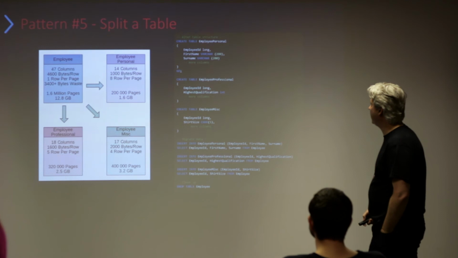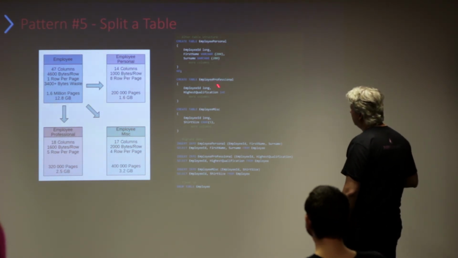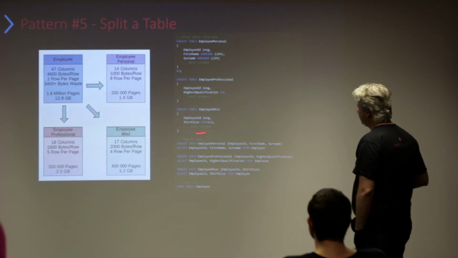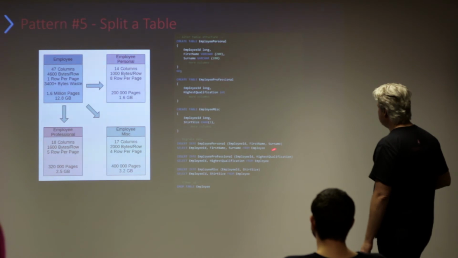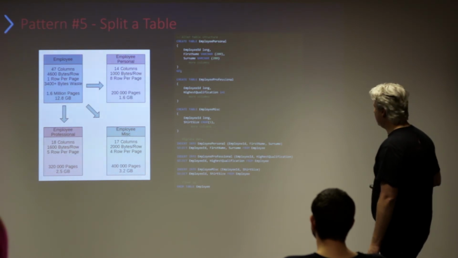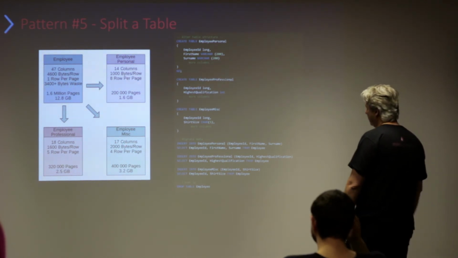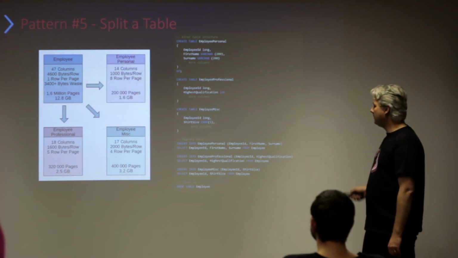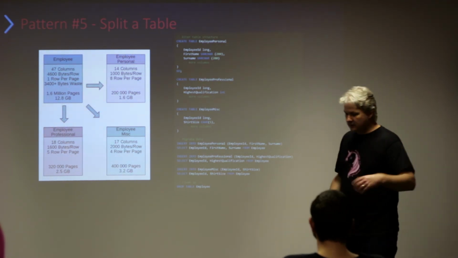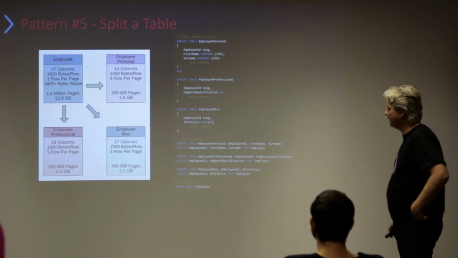So how do we do the split pattern? Well, we created 3 tables: employee personal, employee professional, employee miscellaneous. We migrate the data from here to there. We migrate the professional information from here to there, and the miscellaneous information from down here to down there. So when we want to know about the employee's name, we don't get his shirt size, for example, or something equally arbitrary that we don't potentially need to waste memory on.